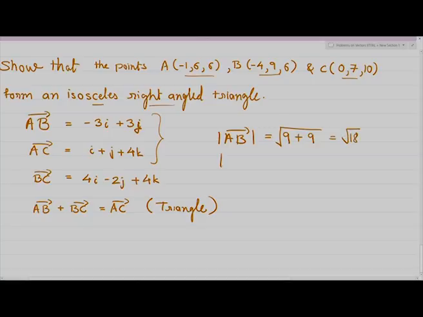What is AC bar? 1 square, which is 1, plus 1 square, again 1, plus 4 square, 16, root of that is equal to root 18. So, this is just by inspection I have seen, and therefore, my AB bar is equal to AC bar, right. So, I have shown it is a triangle, it is nothing but an isosceles triangle.